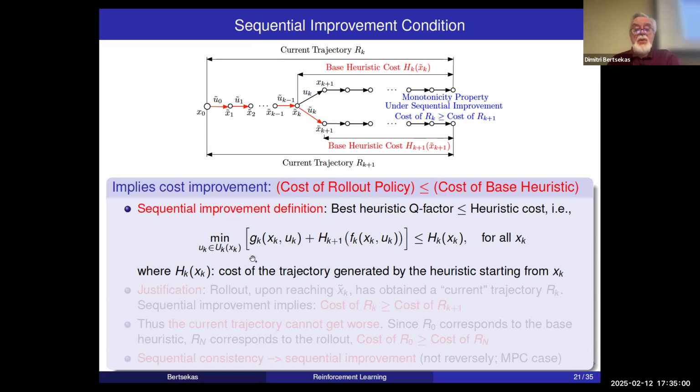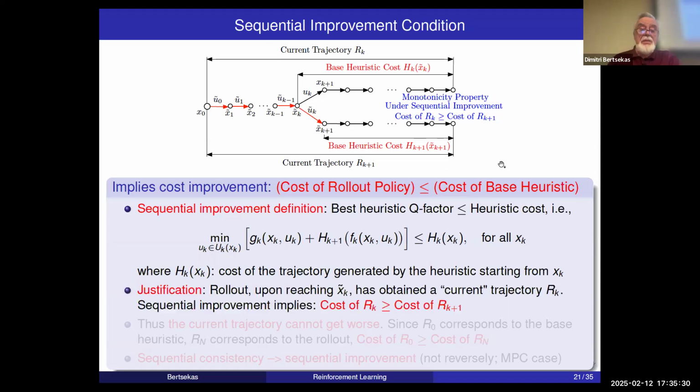This is the minimal Q factor, the best Q factor using the heuristic: one stage cost plus the heuristic cost. This is less than what the base heuristic will do starting from xk. Under this condition, it is possible to show that the rollout algorithm has a cost improvement property, and the proof is relatively simple.